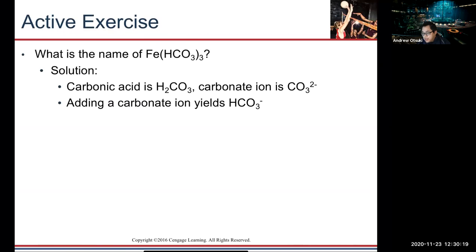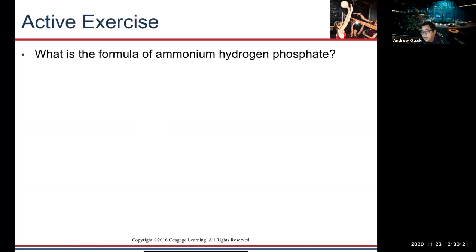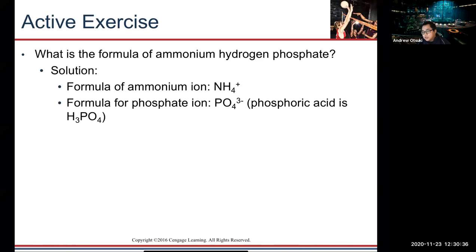Now, how would we write this name? Hydrogen phosphate is HPO4 2-, so that's a 2 minus charge. Remember, ammonium is NH4+, so we have a 1 plus charge. Let's walk this through. Phosphate is 3 minus, and adding an H yields HPO4 2-.